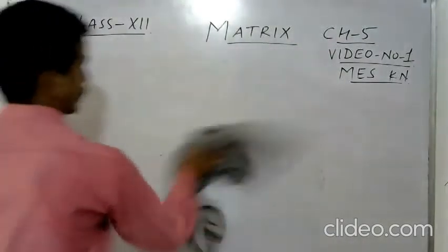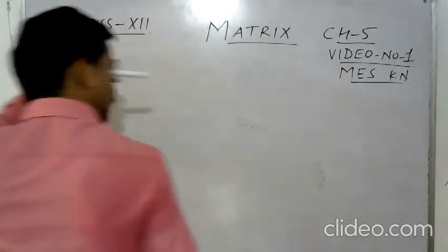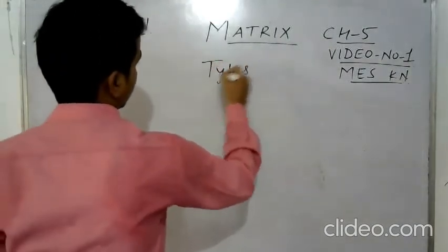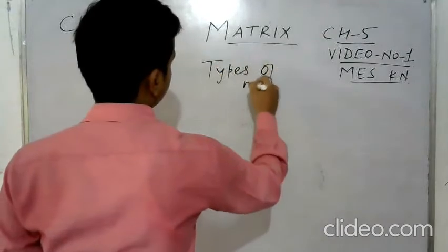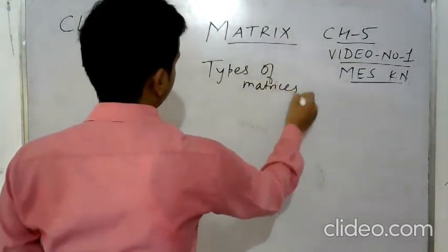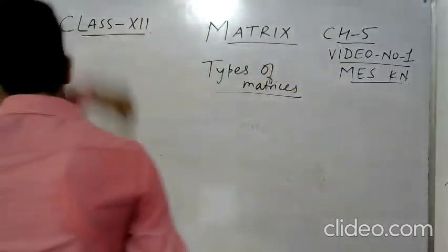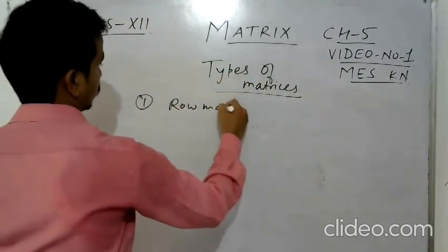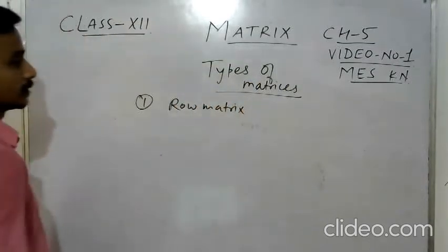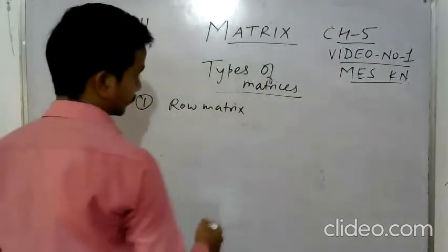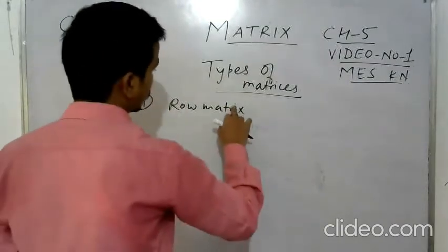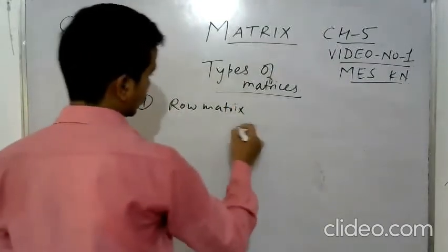Okay, now we will see the types of matrices. We will learn what the various types of matrices are. The first type is the row matrix. So what is a row matrix?